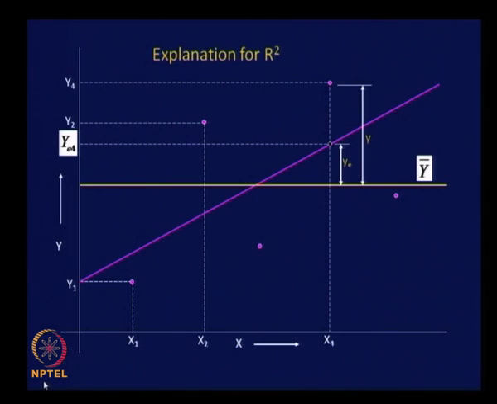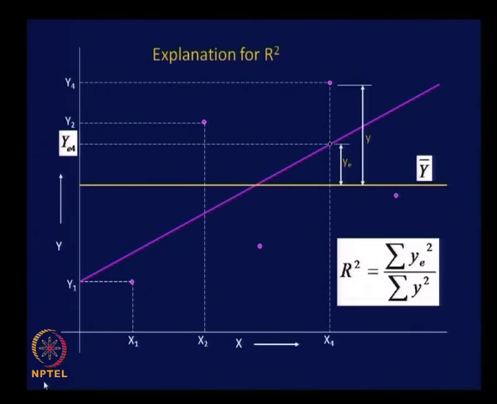And we are trying to calculate R squared using the values of ye and y, is it not? So, we can write now R squared equal to sigma ye squared divided by sigma y squared. You can understand how we calculate the sums of squares of the deviations and get the value of R squared.